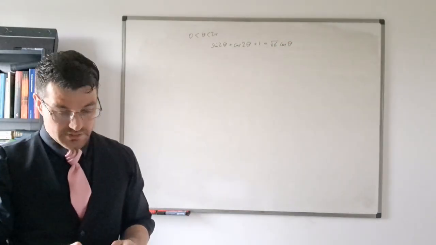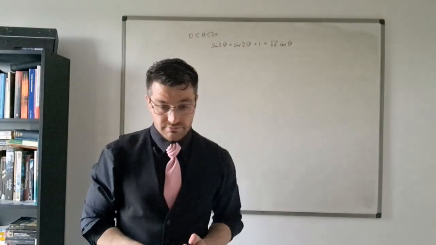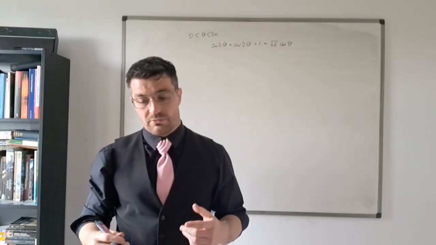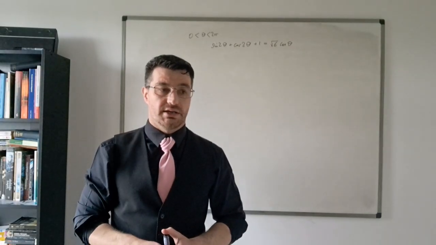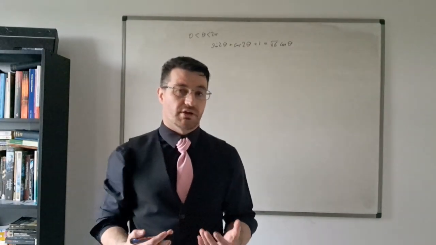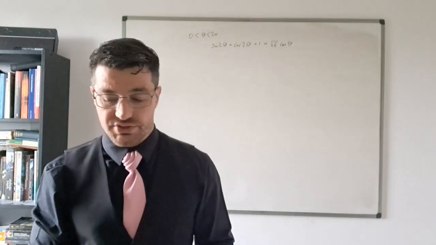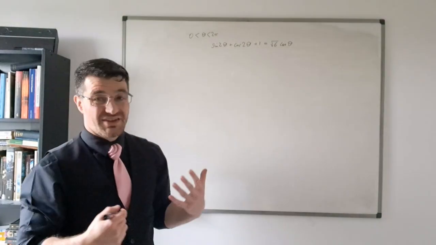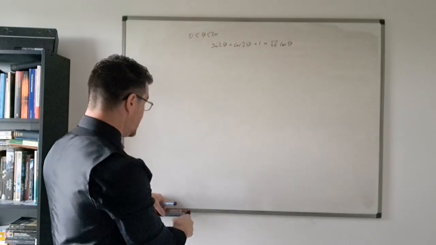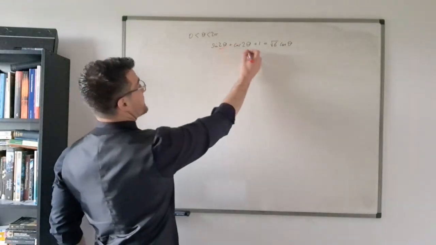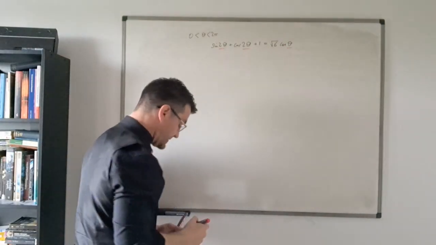Okay, so when I'm trying to solve a trigonometric equation like this one, what I'll usually initially notice is that here I've got the 2 thetas and here I've got the theta.